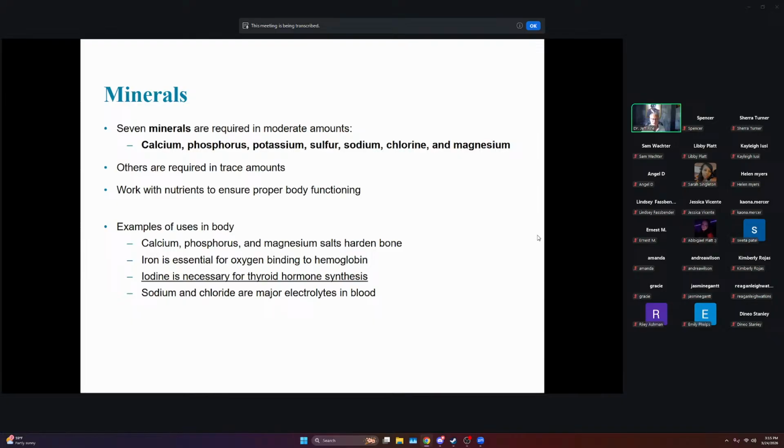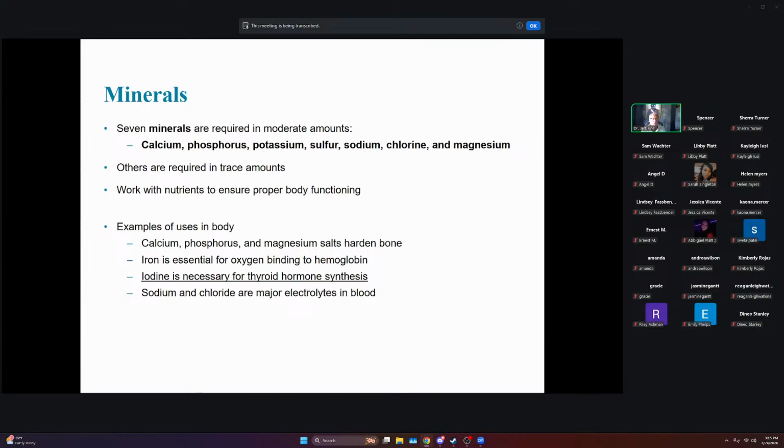Some examples of minerals. Calcium, again, is very obvious when it comes to bone growth or bone repair if we have a fracture, right? Iron, we learned all about iron when we talked about hemoglobin being that component of erythrocytes. That hemoglobin has that magnetic-like relationship with oxygen molecules.